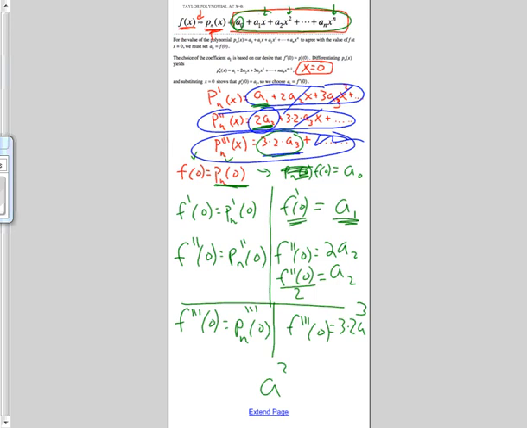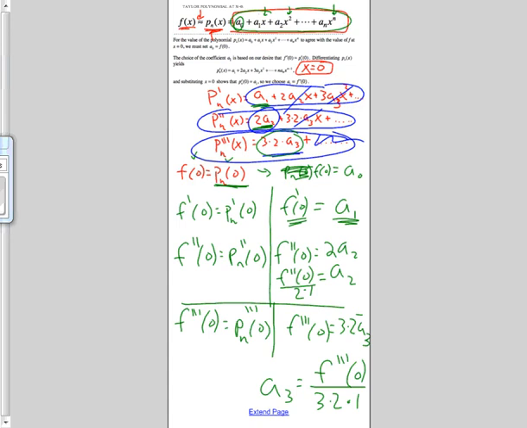Sorry, that's not a cubed, that's a sub 3. So a sub 3 must equal the triple derivative of f divided by 3 times 2. And I'm just going to add this times 1, and I'm going to go to a2 and do times 1.